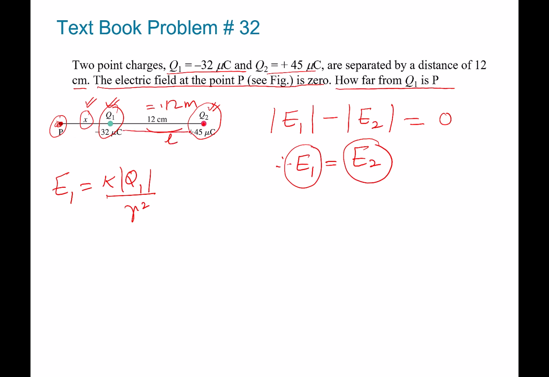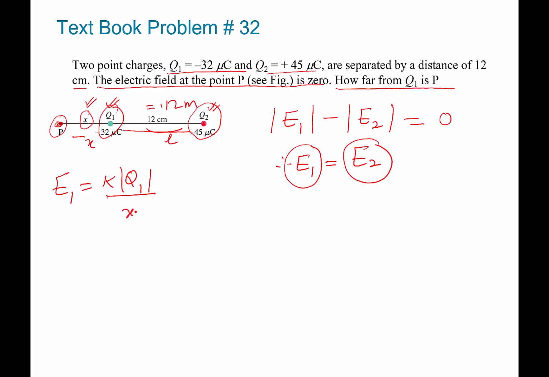Let the distance between Q1 and Q2 shown here be L. If this is X and this is L, we can name this as X plus L square. Sorry, we're doing Q1, so it is X square.